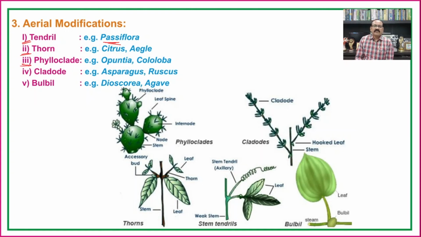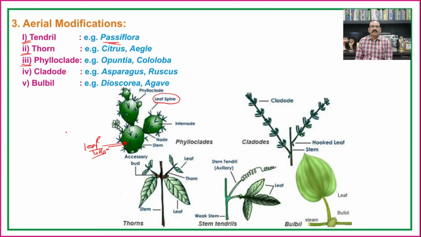In case of the phylloclade, that is the Opuntia or the Coccoloba, here in Opuntia we are able to see the stem is modified into a leaf-like structure, and it is responsible to carry out the process of photosynthesis, as it is a xerophytic plant, and the leaves are reduced to the spines.